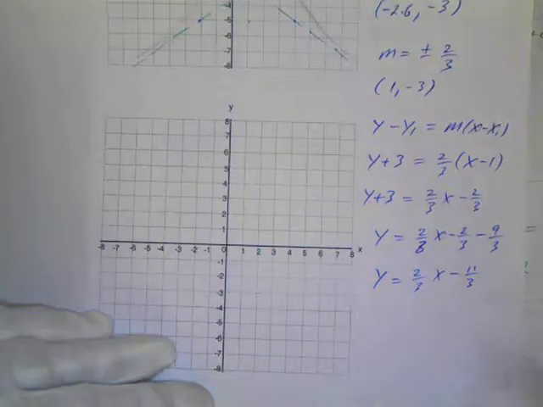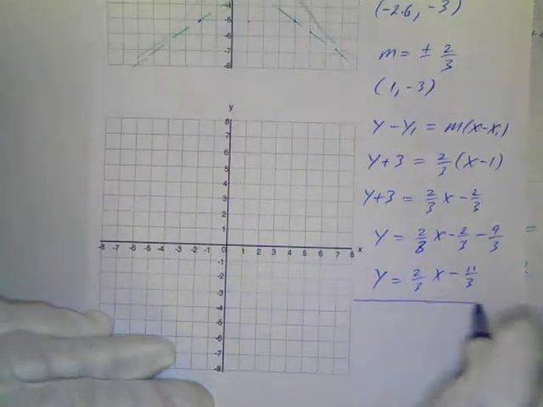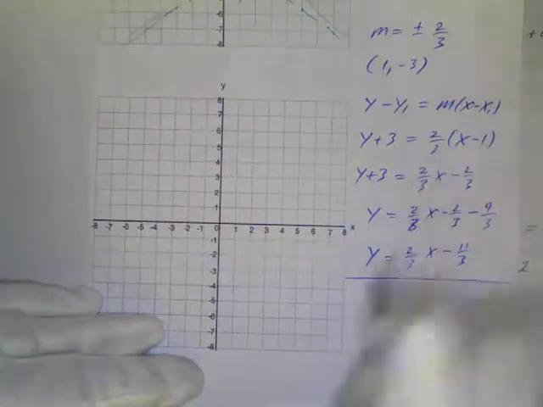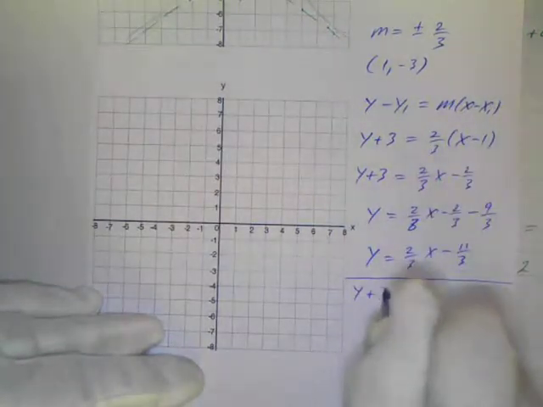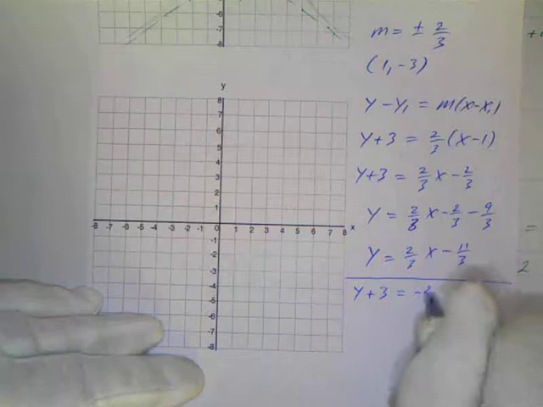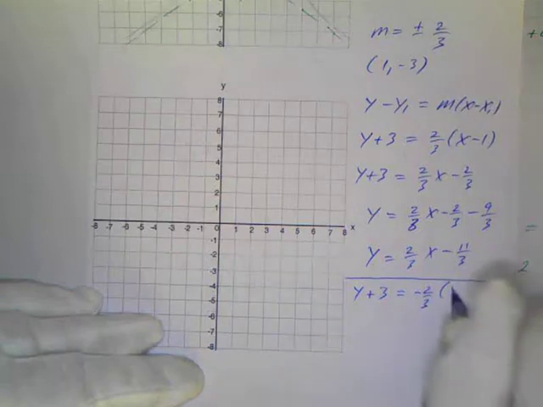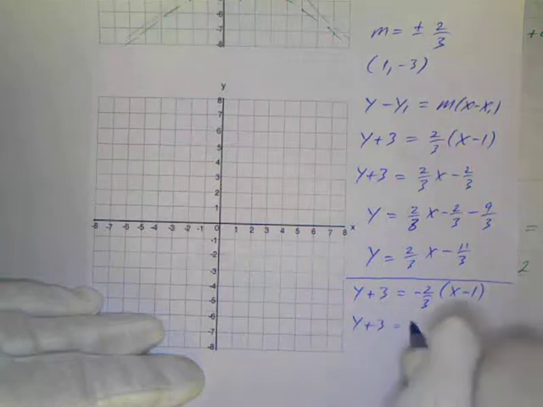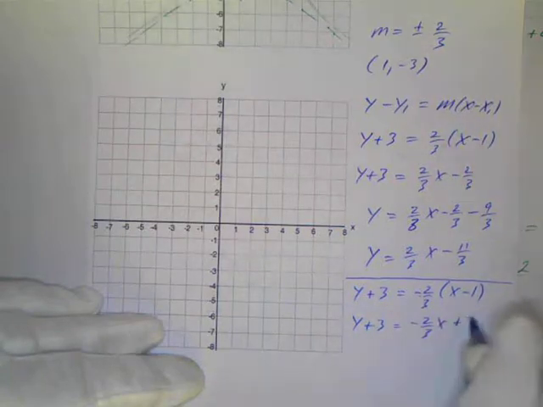And the other one, we're going to do the same thing, but only we're going to use minus 2/3. So it'd be the same thing. y plus 3 equals negative 2/3 times x minus 1. Everything's the same except we just changed the sign on this. So it's going to be y plus 3 equals negative 2/3 x. A negative times a negative is a positive 2/3.